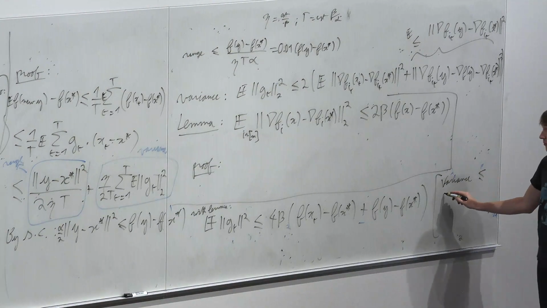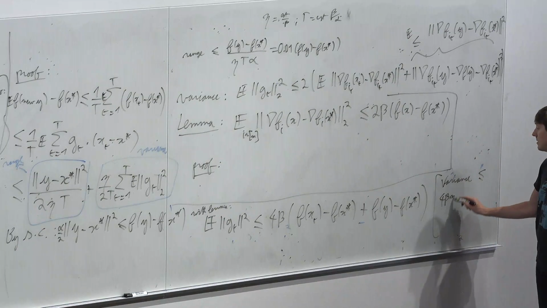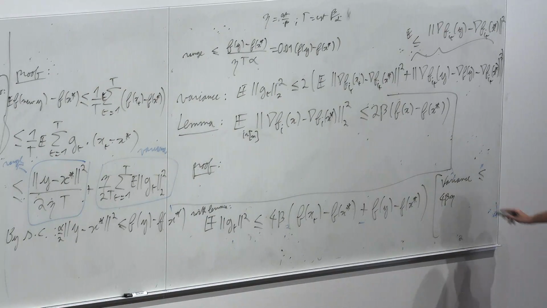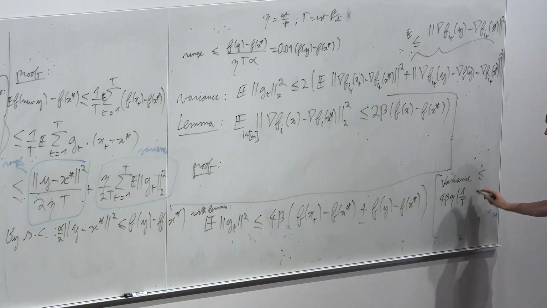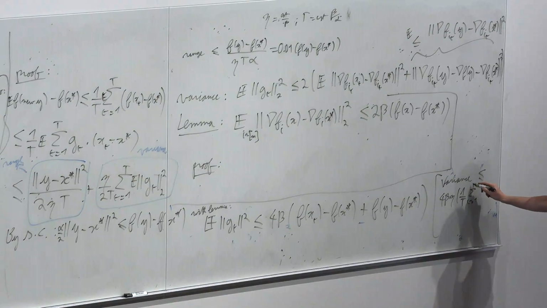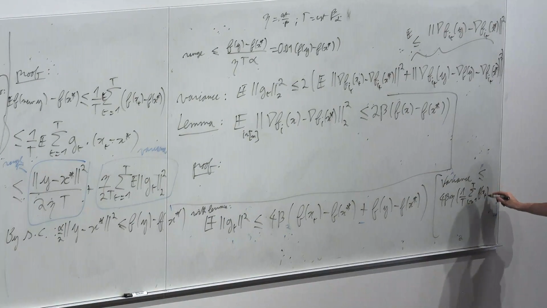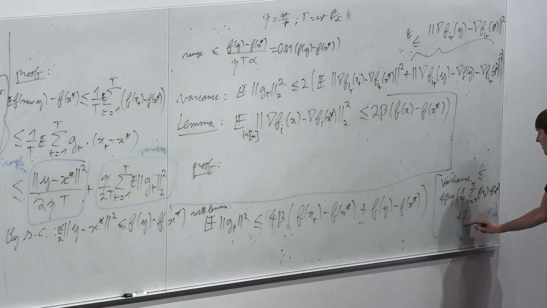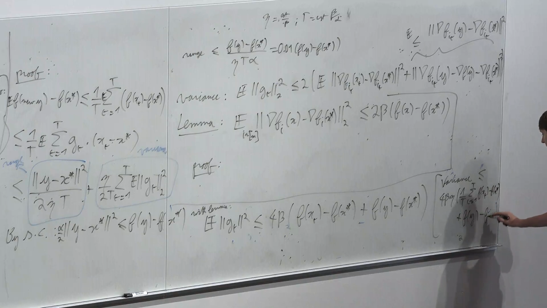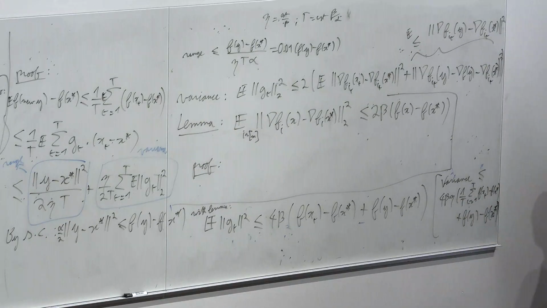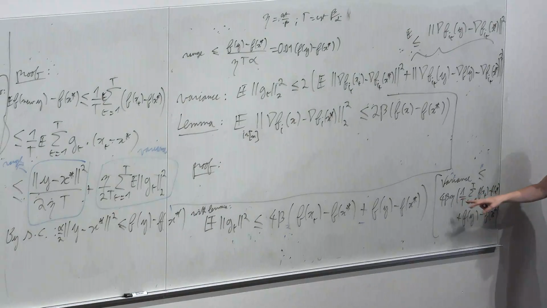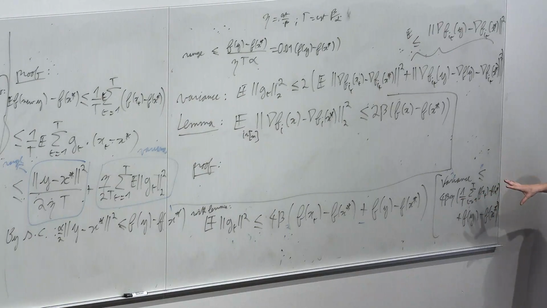I get 4 beta eta, and then I get 1 over t, the average of the gaps of f of x_t minus f of x star, plus f of y minus f of x star. And now I claim I'm done, because 4 beta eta is a tiny constant.